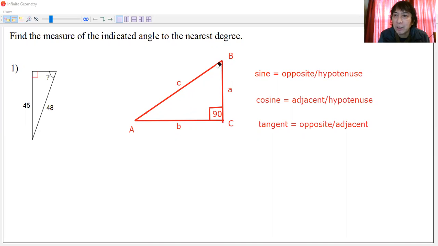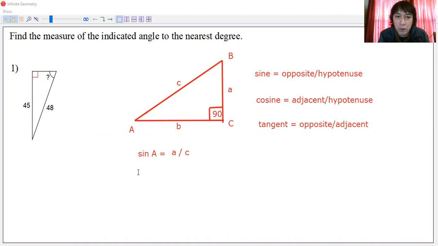If we consider angle A, we will start with angle A. So we will have sine of A. It's abbreviated this way. Sine of A will be the ratio of opposite side to angle A. So that means it's a ratio of the small a to the hypotenuse, that's the c there.